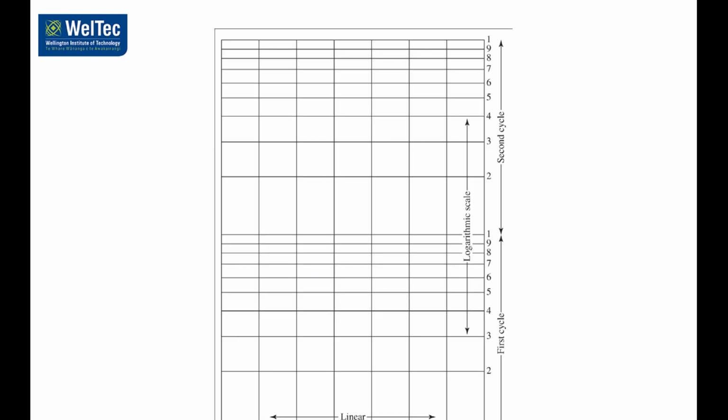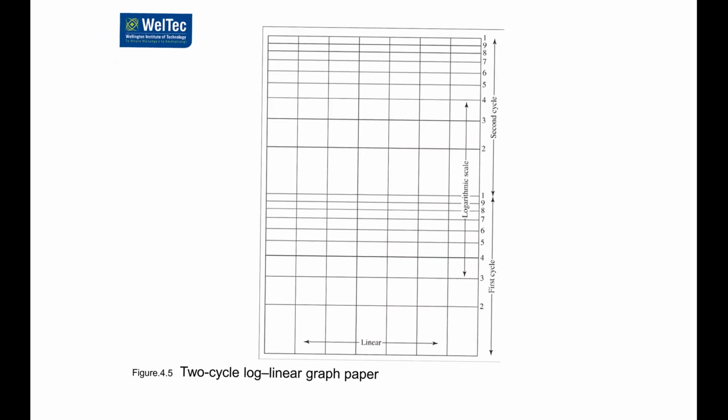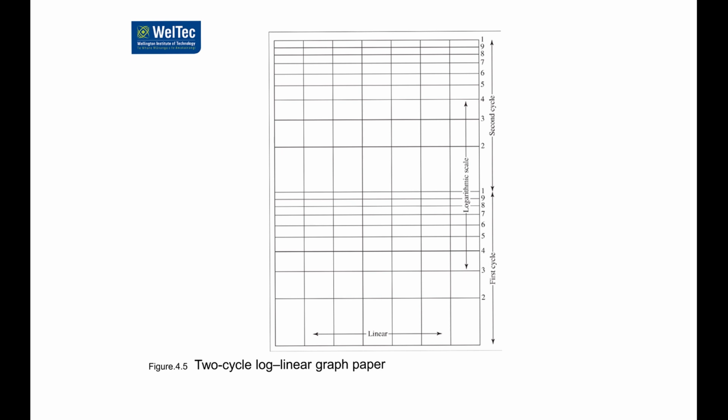We can use special graph paper to make this easier. We can use either log linear paper or log-log paper. The one that we've got here on the slide is log linear. It has a linear scale that just goes up 1, 2, 3, 4, 5, 6 on the bottom, but it goes up in logs on the top. It's what is called two-cycle.